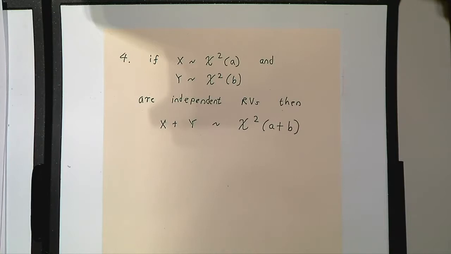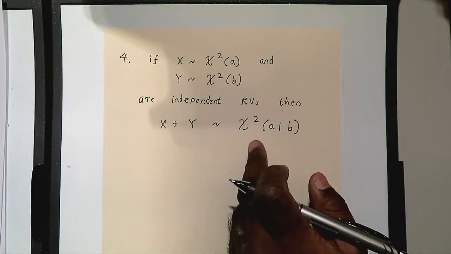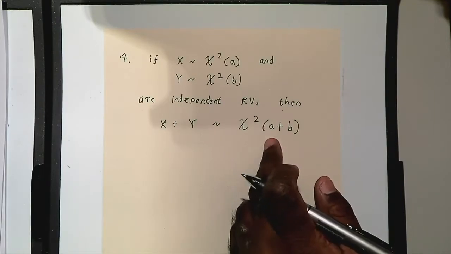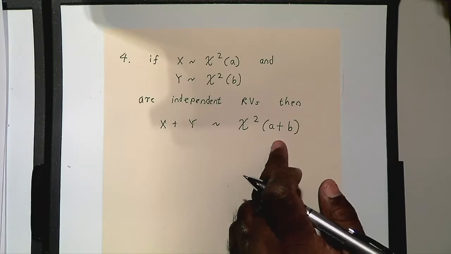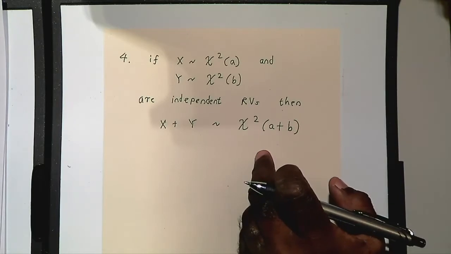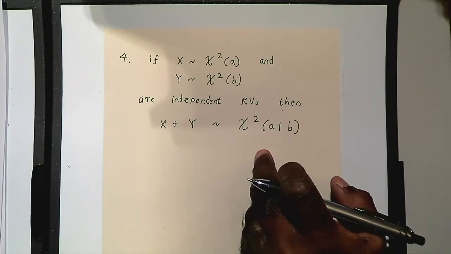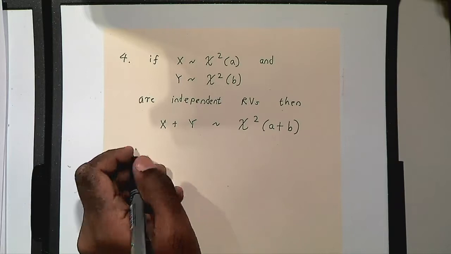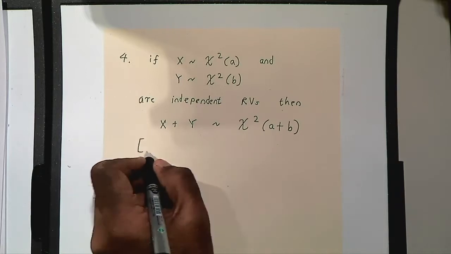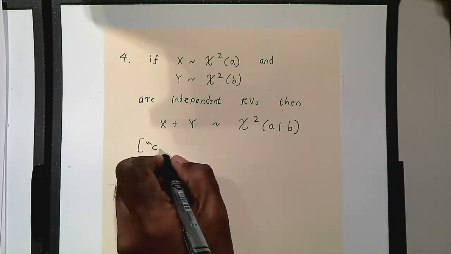If you have 2 independent variables, x and y, x has the chi-square distribution with parameter a, y has a chi-square distribution with parameter b, then x plus y will also follow a chi-square distribution with parameter a plus b. Right? And this property is known as the closure property.